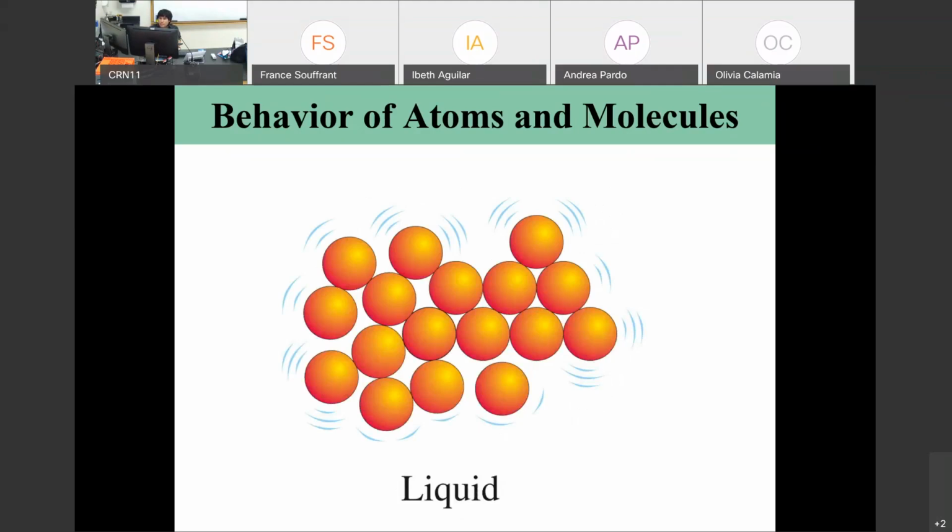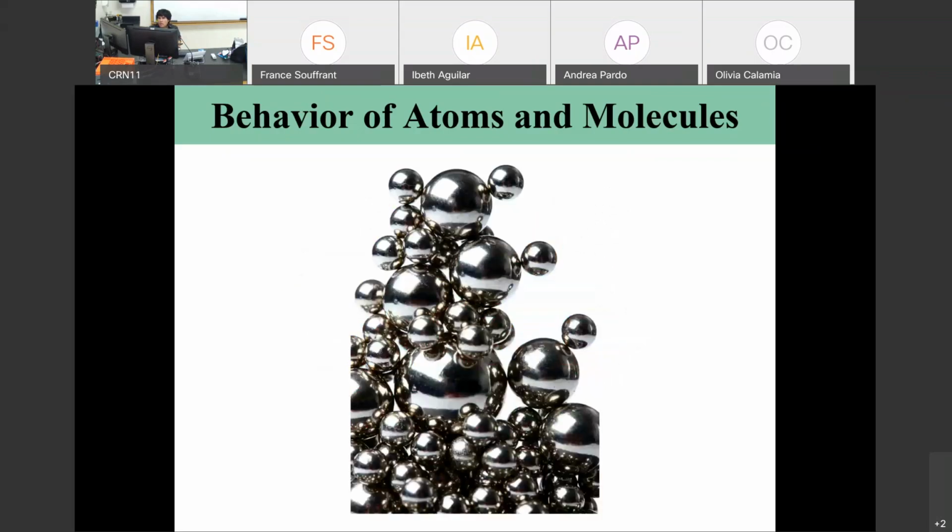For a liquid, again, the forces between the particles are not very strong, so that's when you start seeing them moving away from each other. The forces between particles are normally responsible, guys, for the surface tension. The surface tension is the reason why a mosquito can step on the surface of a lake. A mosquito normally can't do that otherwise. That's because of the surface tension.